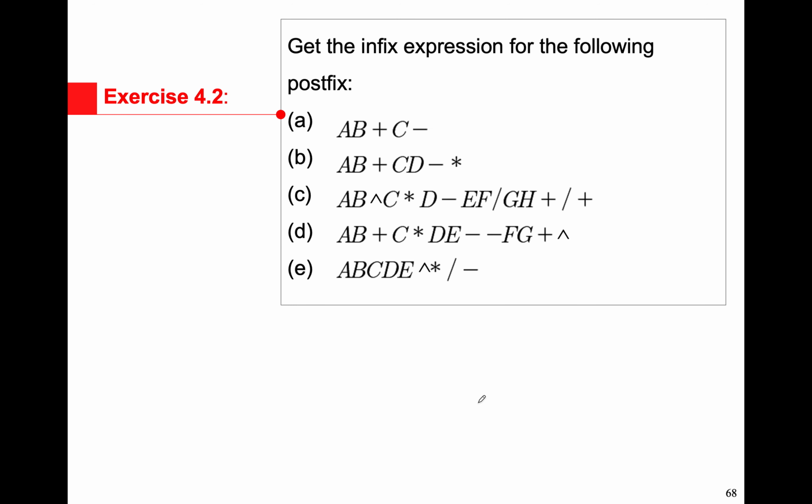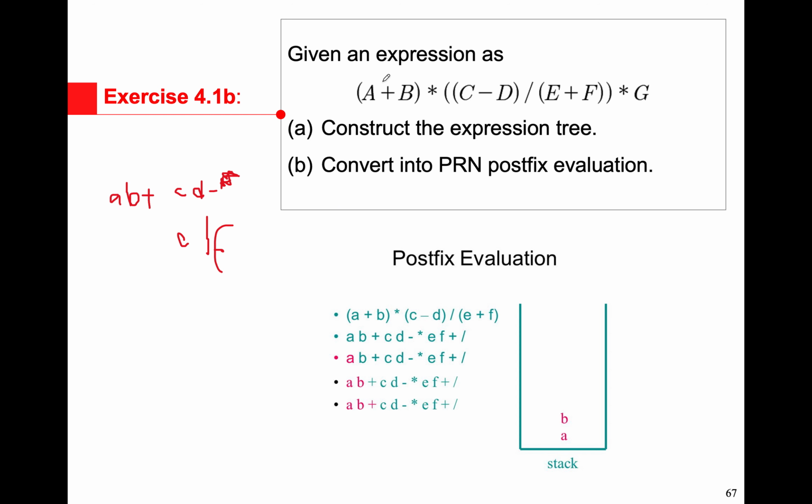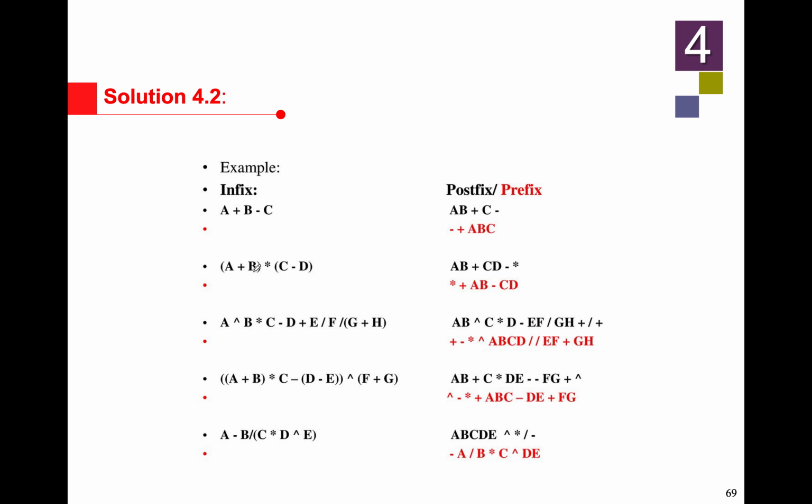So there is also an exercise 4.2. Please try to do it, but this one you need to do vice versa. You were given the postfix, and you're going to give it in terms of infix.